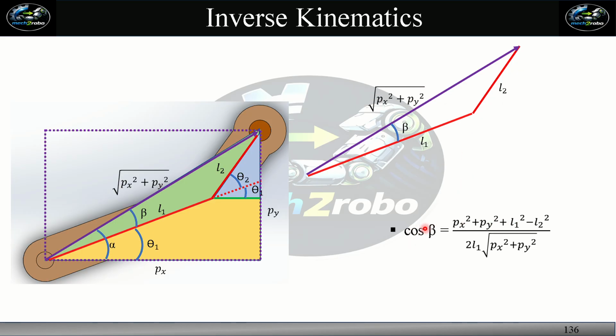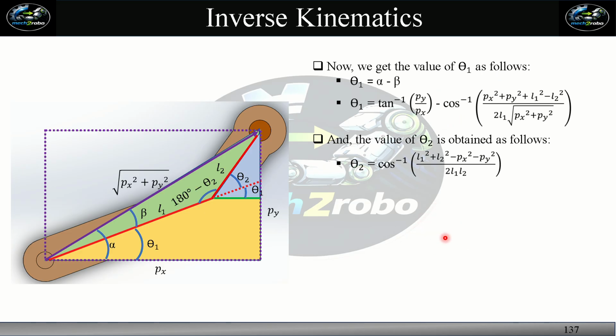By shifting the cos inverse to the right, we easily get the beta angle. In this triangle we easily see that alpha is equal to theta 1 plus beta, and by shifting beta to the other side we get theta 1, which is equal to alpha minus beta.